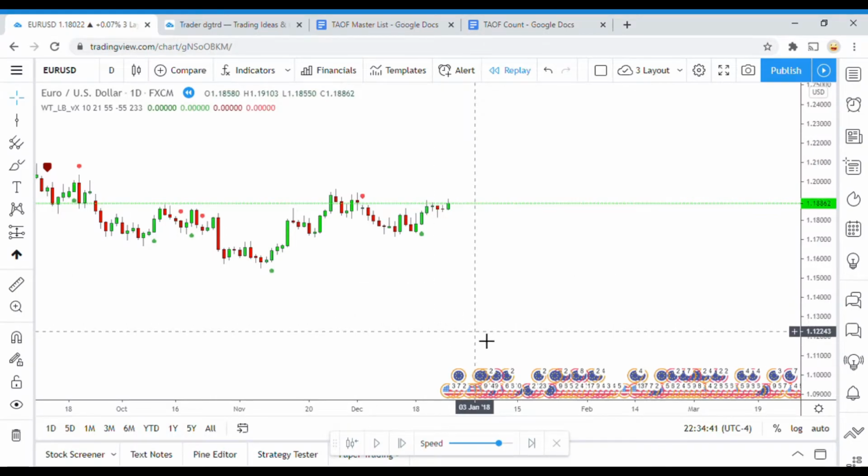Alright, as I said, today's indicator is the wave trend indicator. And this one is a TradingView member created indicator. It was recommended that we test it by one of the viewers out there. Their name is Ross.